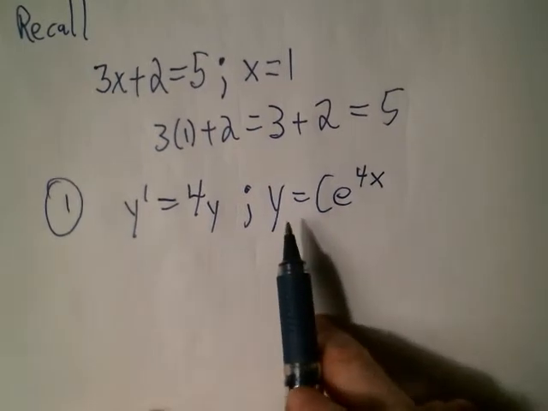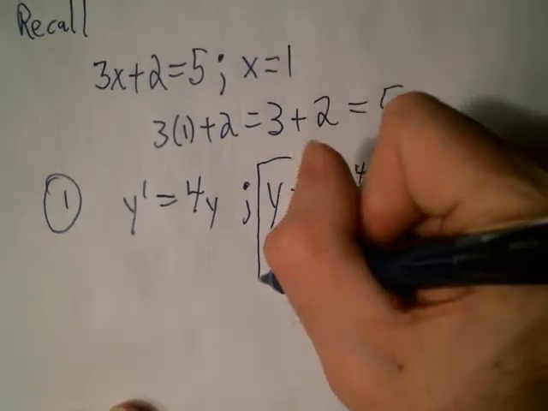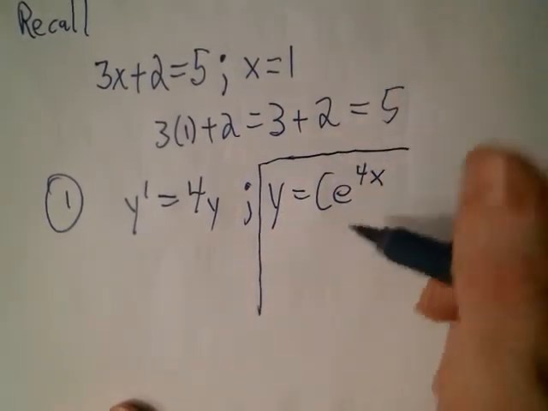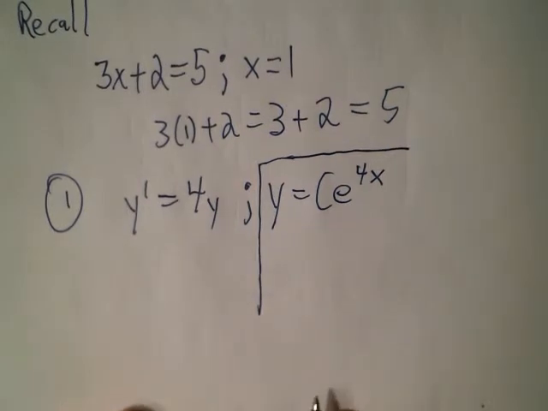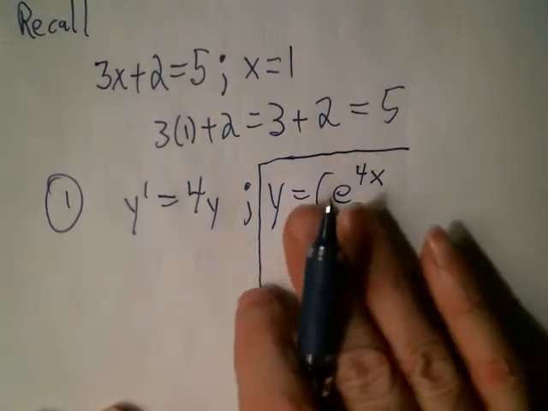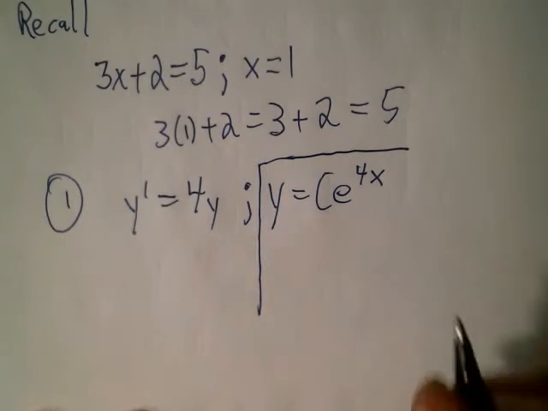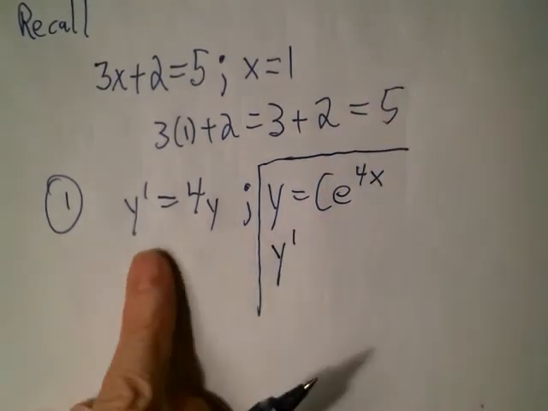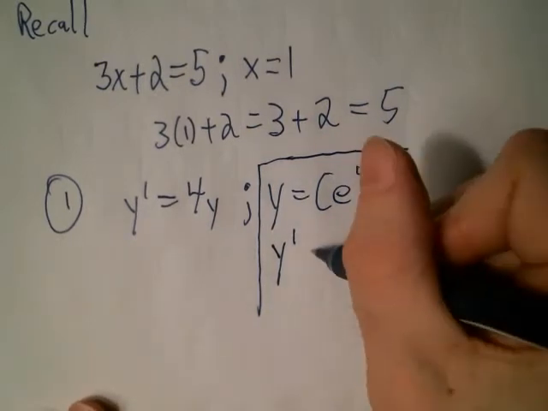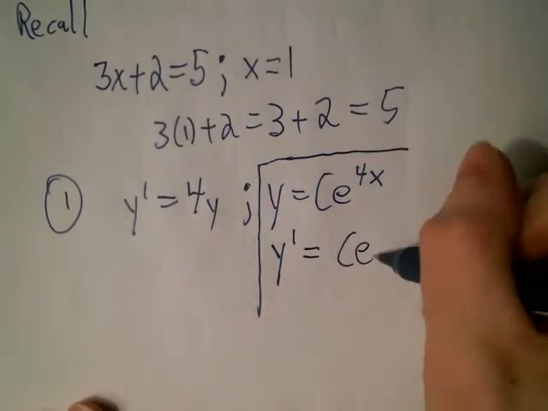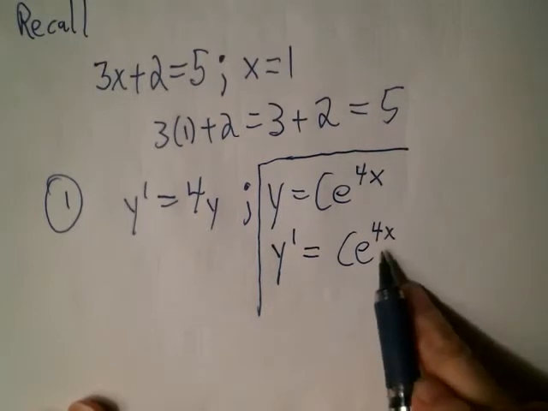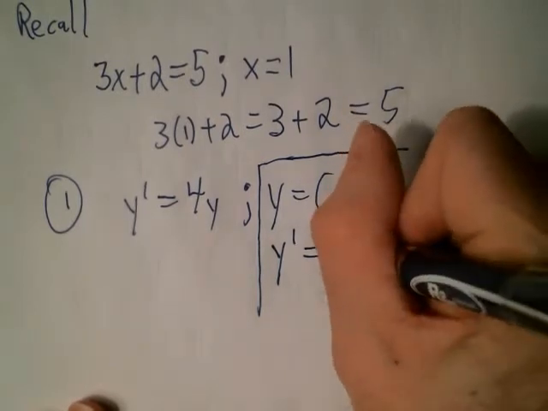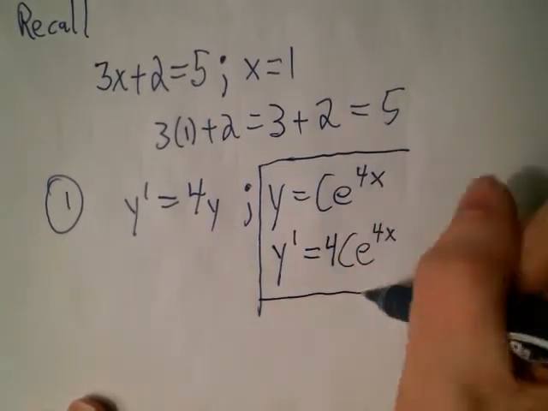This is your given information, and you could expand it to include derivatives. Taking a derivative of this thing is legal, so to speak. So we'll take its derivative because we need the derivative for this equation. So y prime is c e to the 4x, and then by the chain rule multiplied by 4. So we'll have a 4 sitting there.